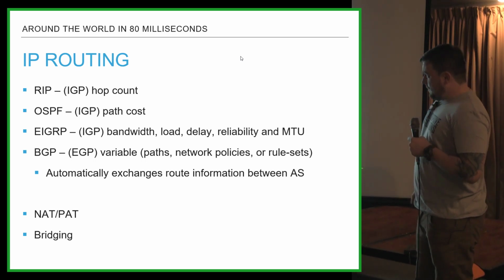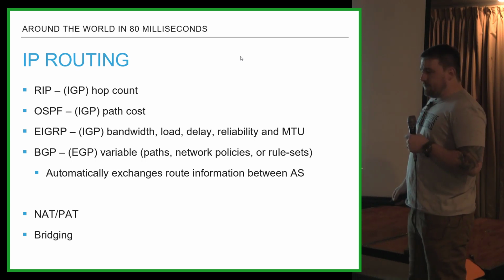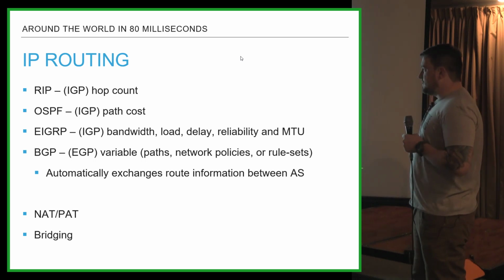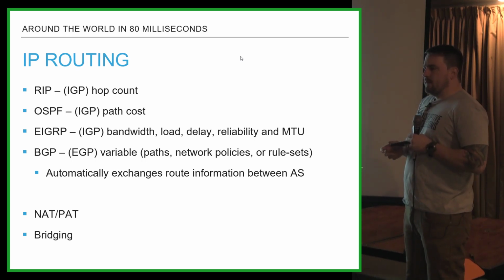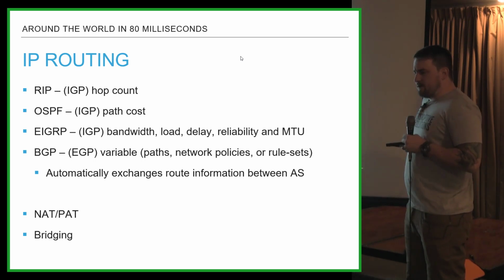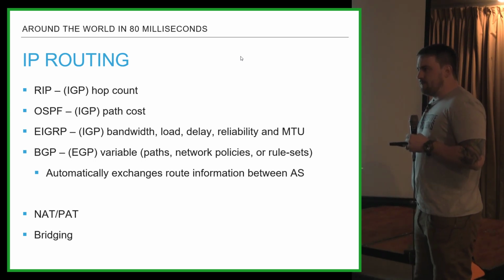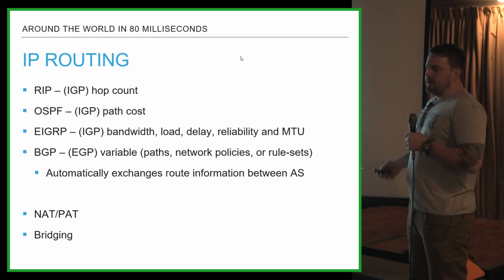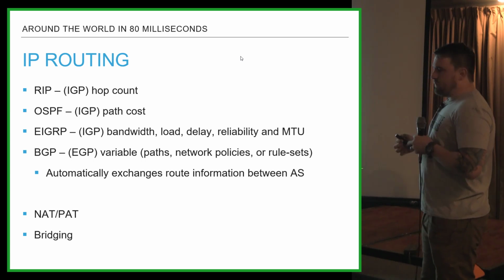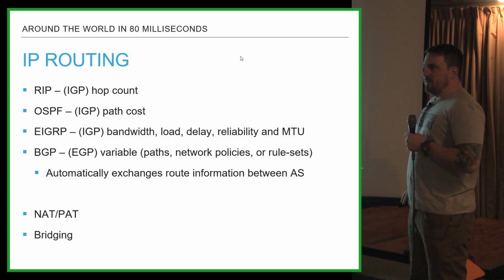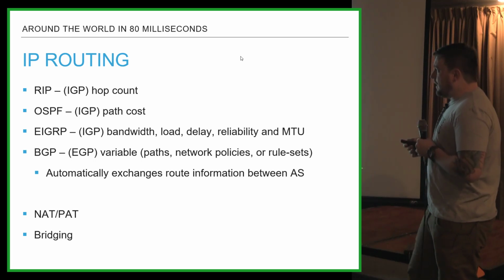OSPF, or Open Shortest Path First, is another one that basically uses path cost. Routes in between routers or layer 3 devices are measured in what's called a metric. If you have a metric of 1, that's your cost of 1. If you have a metric of, say, 15, then your path cost is 15.